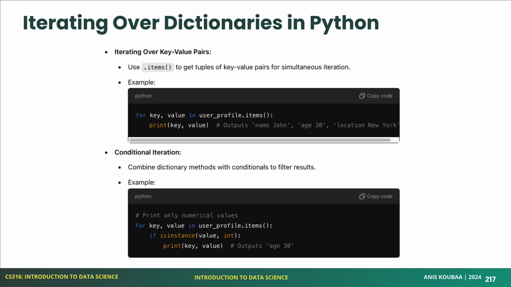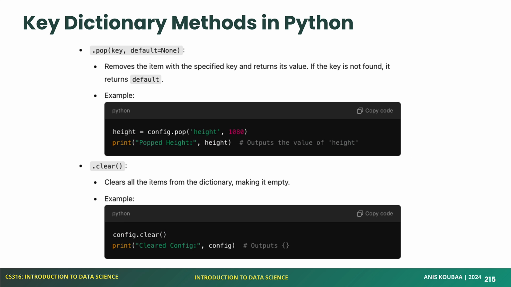Is this the default? The second is the default. 180 is the default. But it didn't find the key. Yes, this is probably to avoid crashing. Yeah, it returns the default value. No, that's correct.